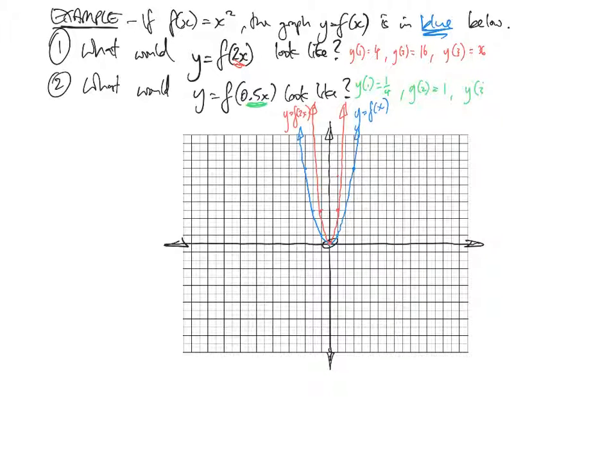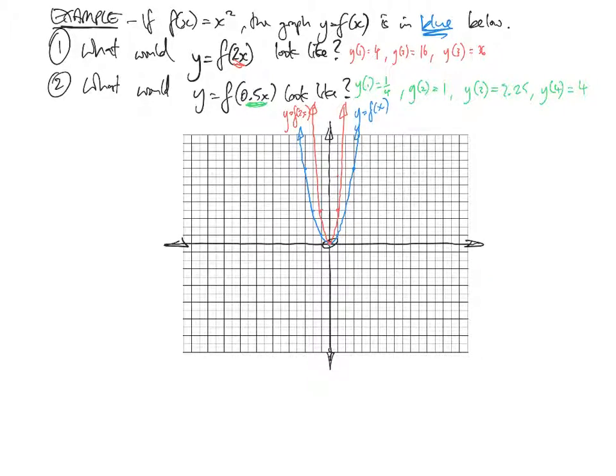When x is equal to 3, halve it, 1.5. Oh, what's 1.5 squared? What's 1.5 times 1.5? Not something I can do in my head. 1.5 squared is going to be 2.25. When x is equal to 4, halve that, 2 squared is going to be 4.